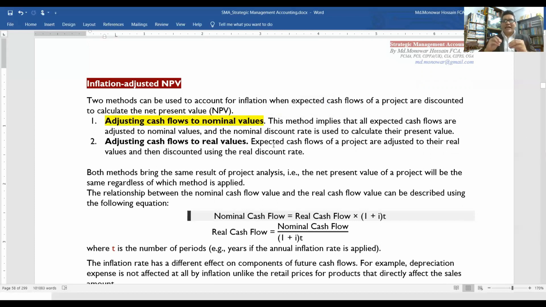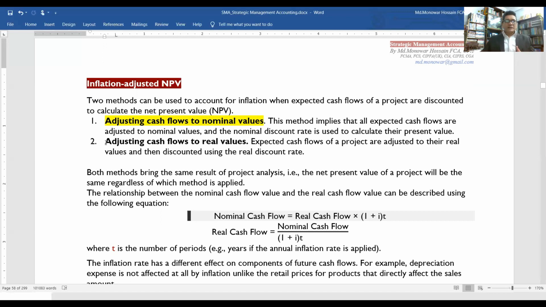This method implies that all expected cash flows are adjusted to nominal values, and the nominal discount rate is used to calculate their present values.